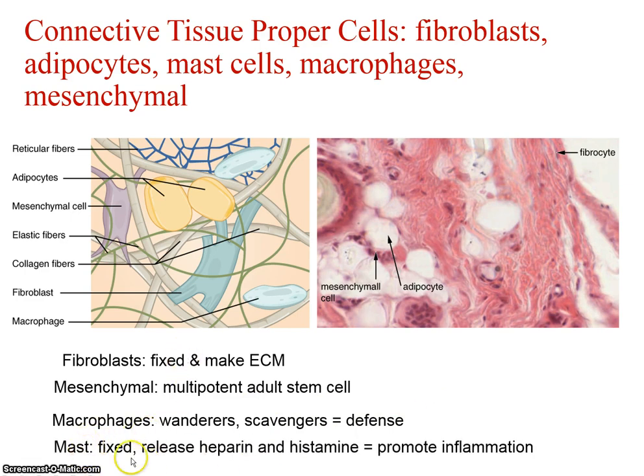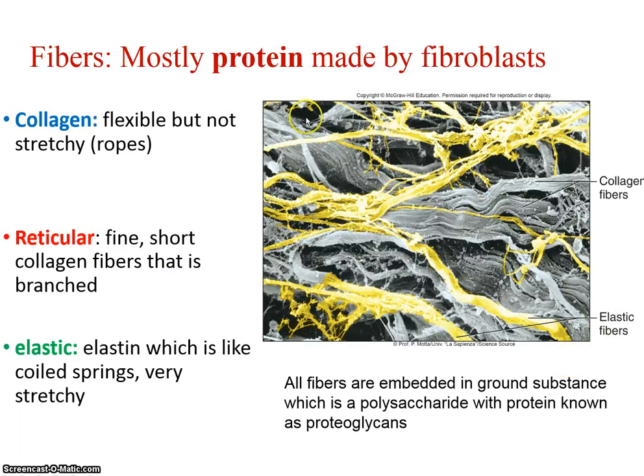In other words, they are part of your defense, and they release heparin and histamine, which helps with anti-clotting and basically vasodilation. And this promotes inflammation, so they help to mount a response when you've been infected or contaminated by something.